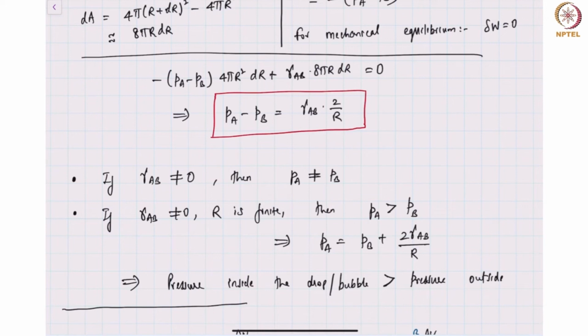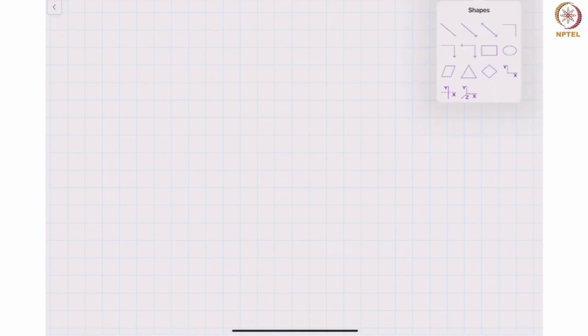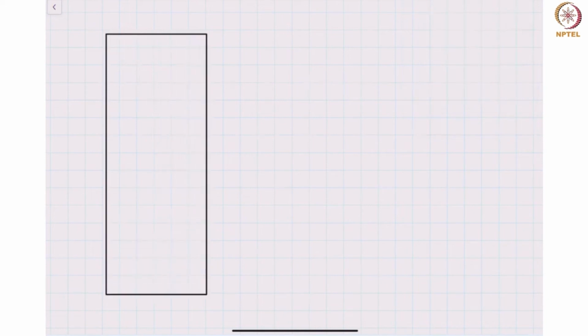Okay. Now let's look at the case where there is gravity and how this contrasts with the case without gravity. Let's do a simple thought experiment. Let's say I have a large vertical tank.